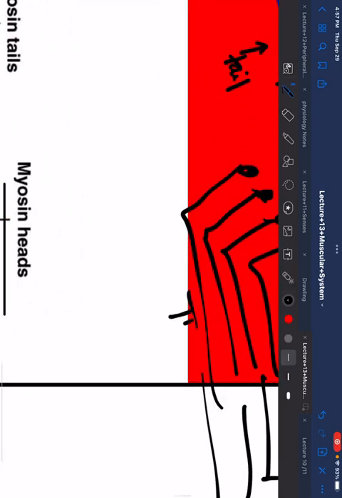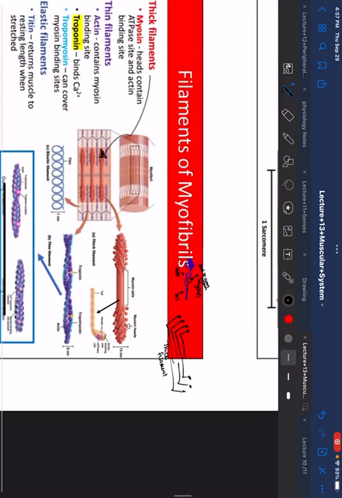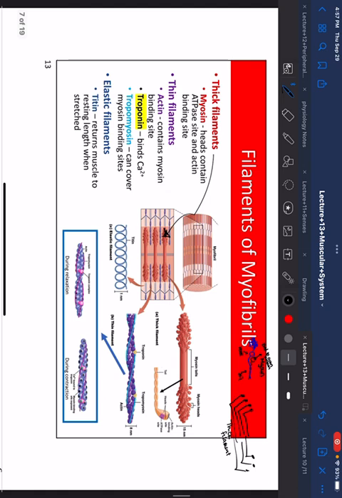Now let's look at the thin filaments in purple. The thin filaments are made up of the actin protein. So a single bead represents actin, and actin kind of connects with each other in a necklace-like conformation.